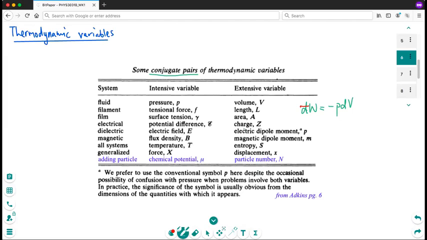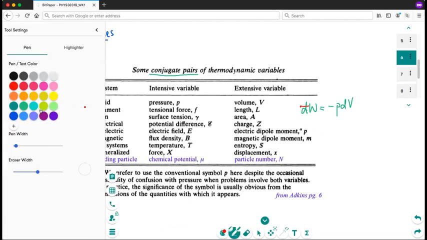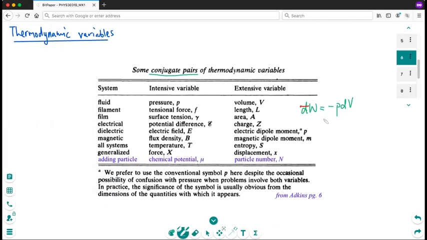So I will do my first law based on this system, but once I learn how to do it, I can change. Mathematically, if I have only two variables like this, they are all the same.